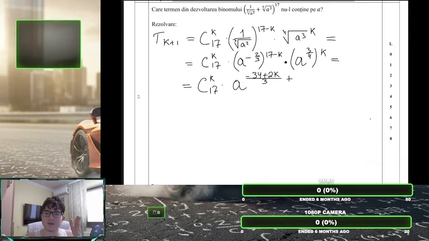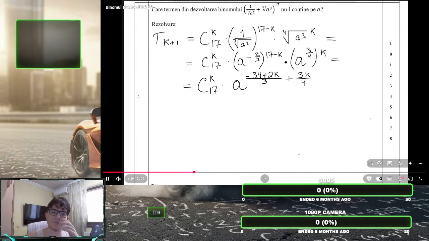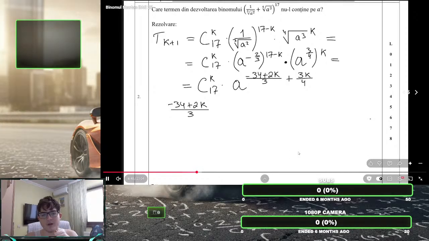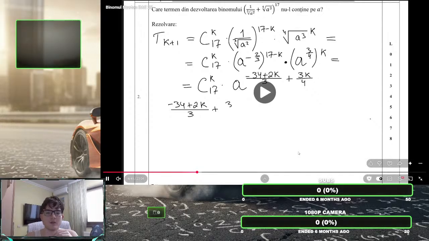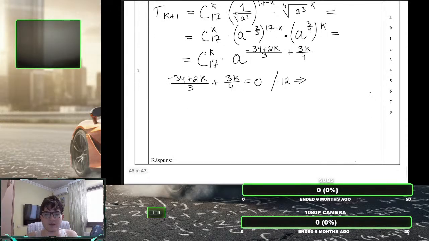But as it is the same thing, we just add it, so it's going to be plus 3k divided by 4. Now, 17k right there, we ignore it and everything. We just work with the power like we did before, equal it with 0 so that we can annihilate the a, and then we just find k, so we plug it in and find it.